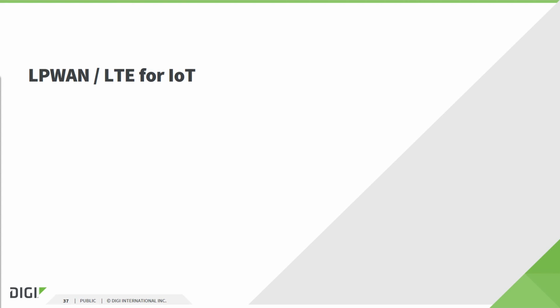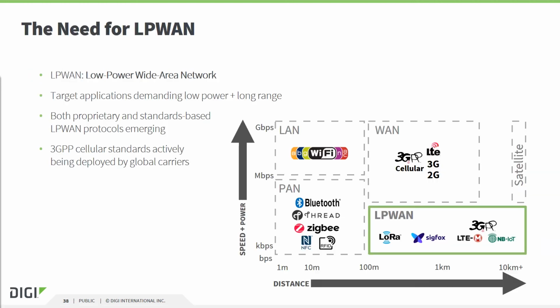In addition to short-range and mesh technologies, Digi also offers cellular for the Internet of Things, IoT. LPWAN stands for Low Power Wide Area Network, and it covers several long-range technologies with reduced bandwidth and low power.